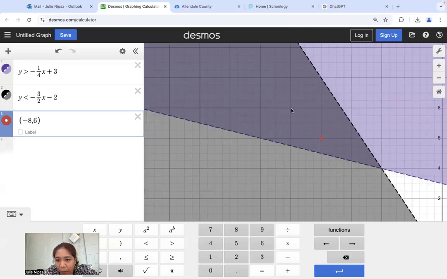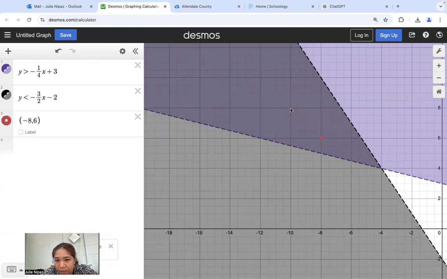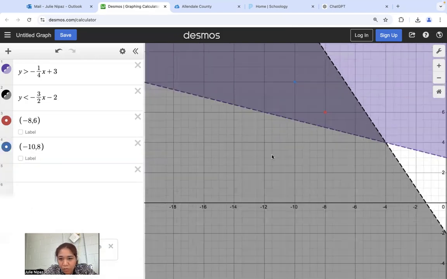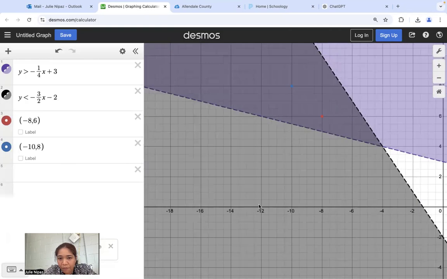I can also have a point somewhere here. So that's -10, comma 8. You can see that the blue point is still inside the region. Then one more. We can also have -12, 8. Or you can have -8, 8. As long as it is inside this region.